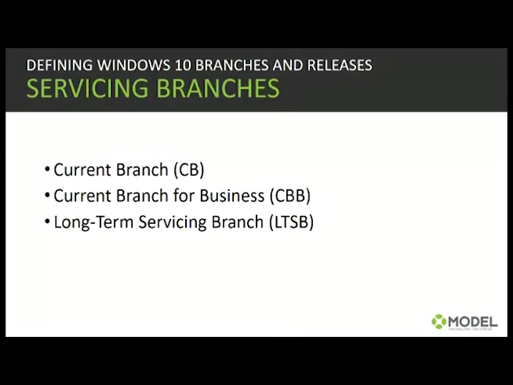So LTSB, the build is good for 10 years, whereas a current branch or current business branch life cycle is about 18 months. A new LTSB build comes out every 2 to 3 years. So when you think of hardware support and some other pieces with it, it can create some significant challenges.